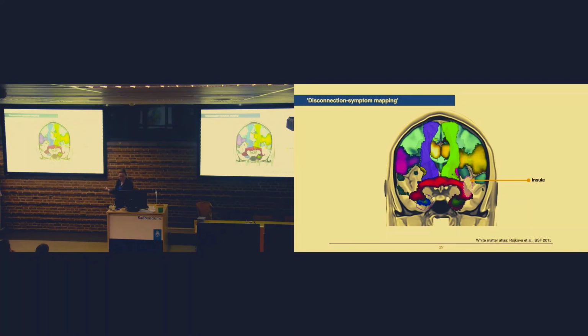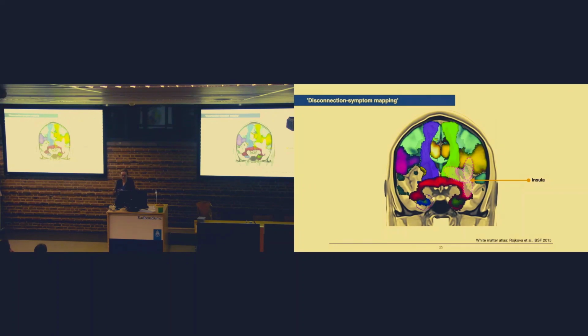If the same lesion extends medially, we're now disconnecting the corticospinal tract. In that case, the patient will present with a hemiparesis or somatosensory deficit. If that same lesion, however, extends dorsally, we're now disconnecting the arcuate fasciculus, and now this insular lesion would lead to language deficits.